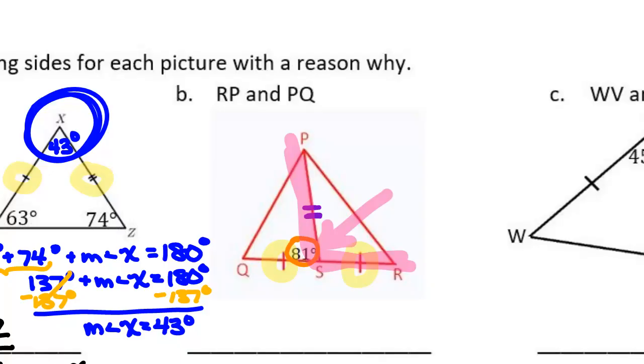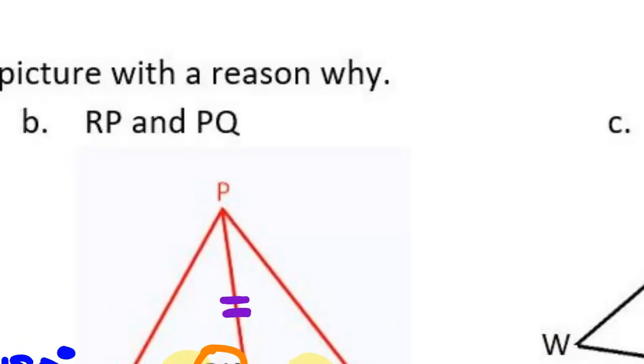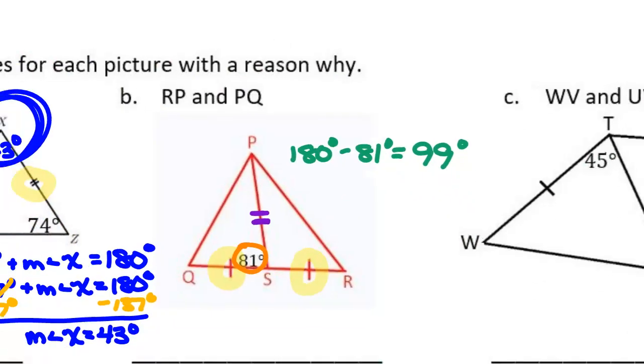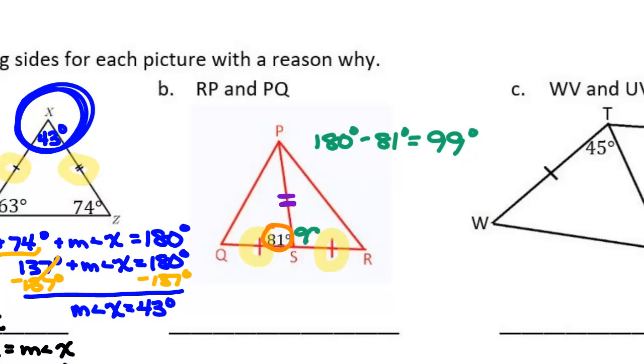What do we call the angles that are side by side like that? Linear pair. And linear pairs add up to 180. So I can do 180 minus 81 to find that angle. What is 180 minus 81? 99. So this angle right here is 99 degrees.